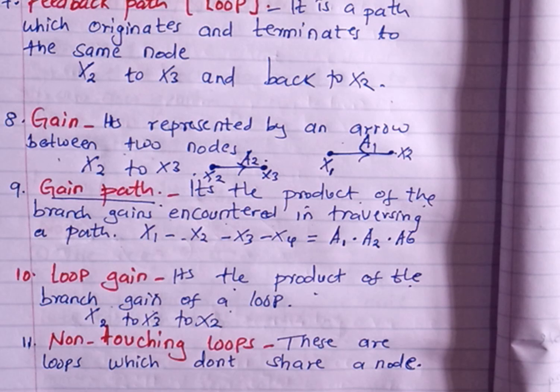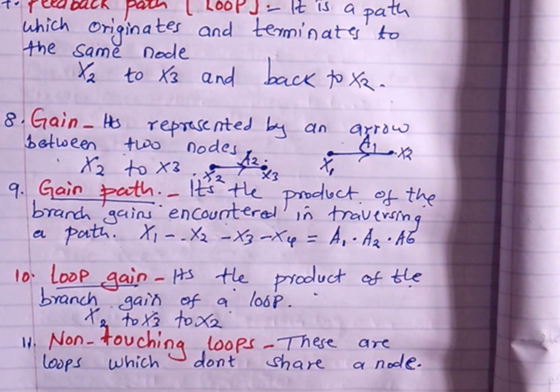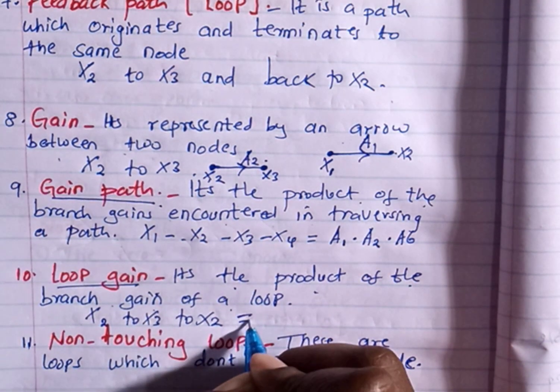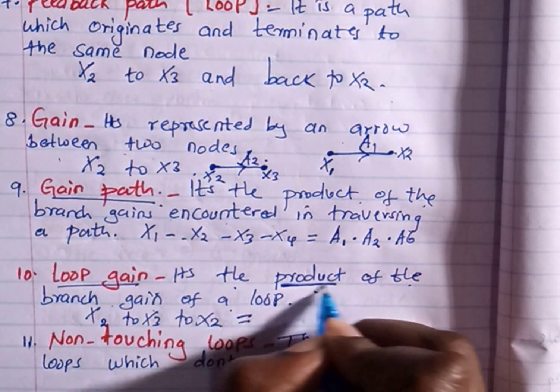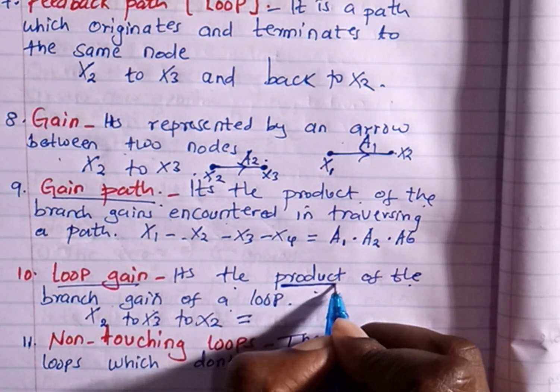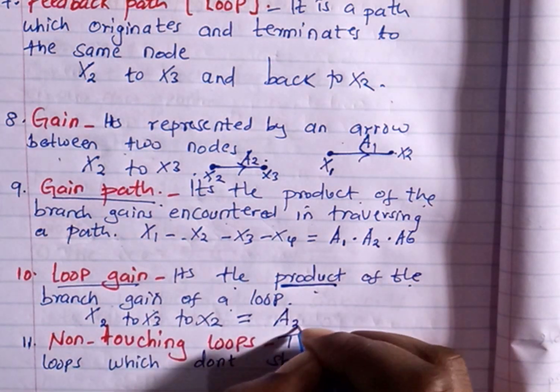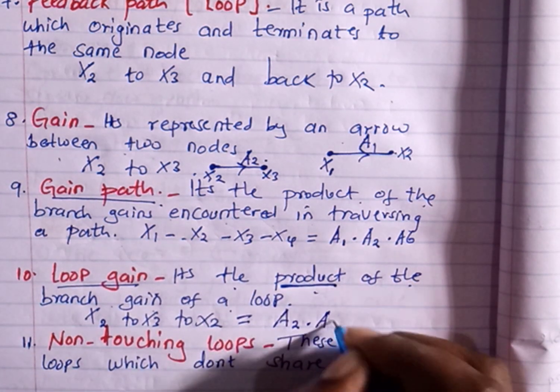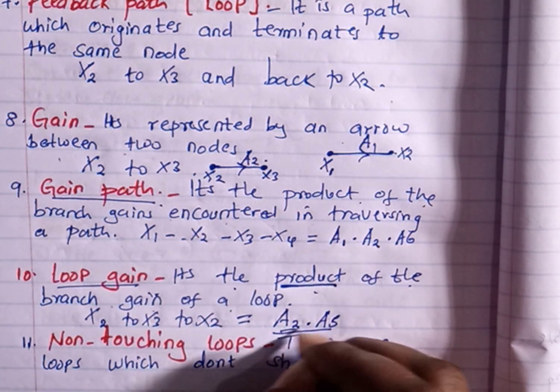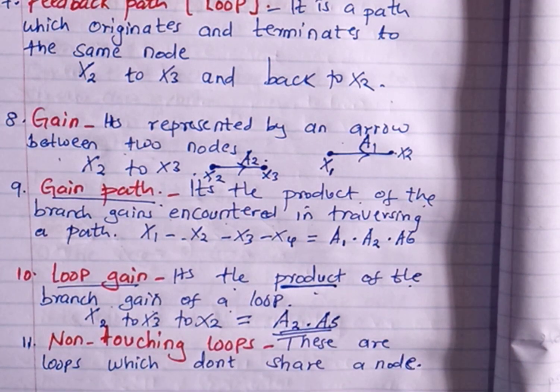So the loop gain of that loop will be equal to the product of all the gains in that loop, and the gain is a2 times a5. That becomes the loop gain of that loop.